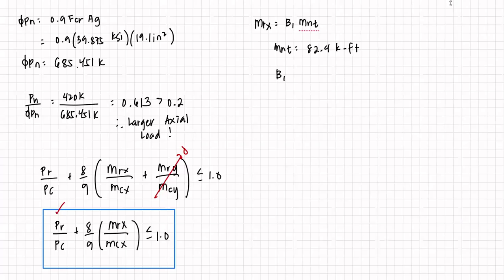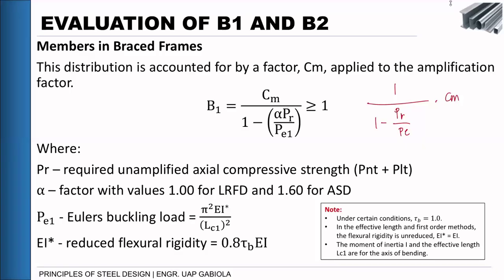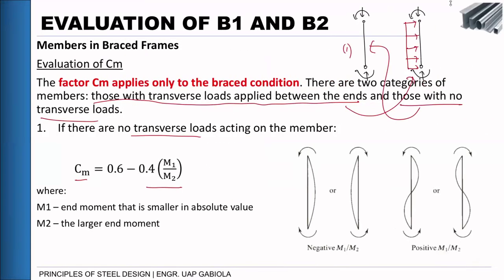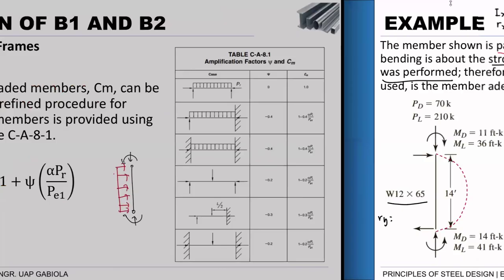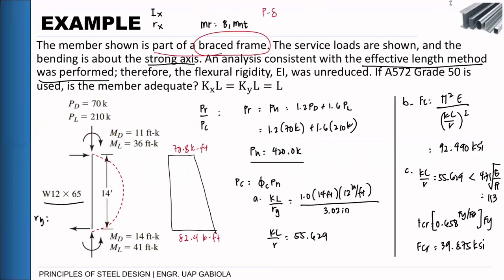Okay? For B1, alamin natin kung anong condition ni B1 ngayon. Meron ba siya transverse load o wala? Okay? So, yung given natin, if you look at the given, okay? Ito yung column natin. May shear siya dito, pero wala siyang transverse loading along dun sa length niya.